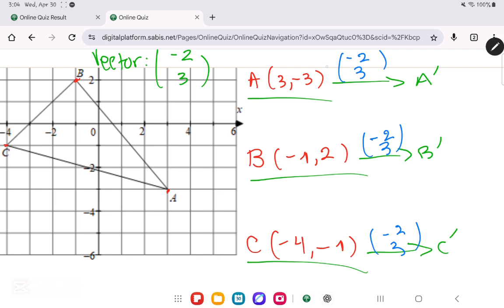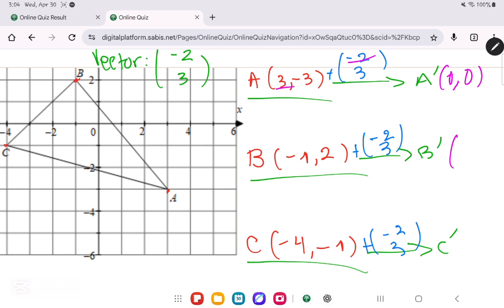Since we're going from initial to final, we will be adding. For x and x, 3 - 2 gives you 1, and then -3 + 3 gives you 0.